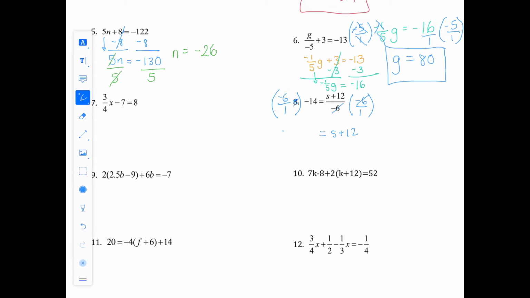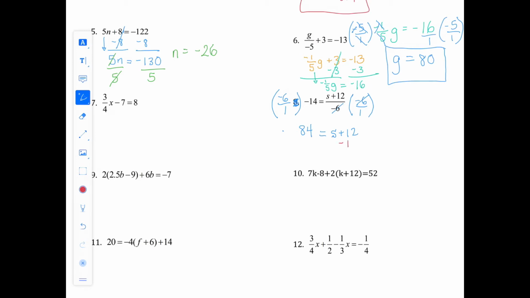And then I've got negative 14 and negative 6. Math it out. That gives me positive 84. So then our next operation is, remember that's my variable, I want s by itself, and it is currently being added to 12.